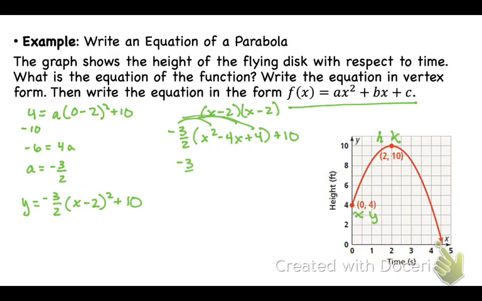So negative 3/2 x squared plus 12/2, which would be 6x, and then negative 6 plus 10. So y equals negative 3/2 x squared plus 6x plus 4. You all know how to do it. It might take you a few more seconds than it took me, but you all know how to do that math.